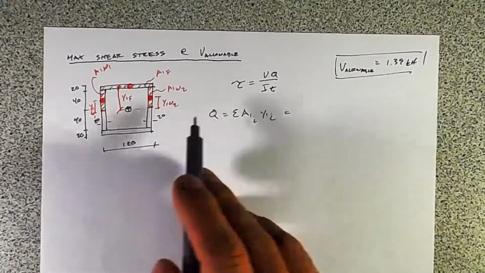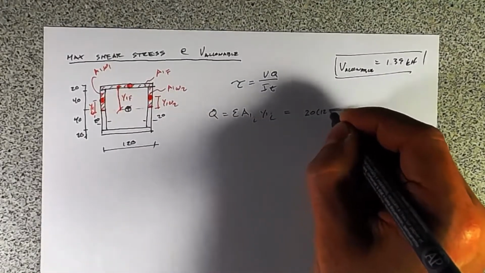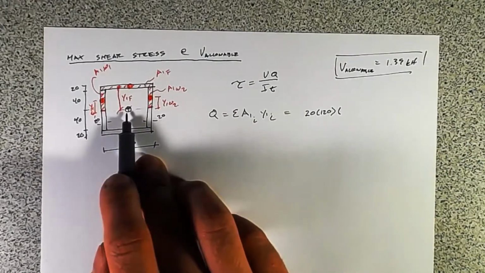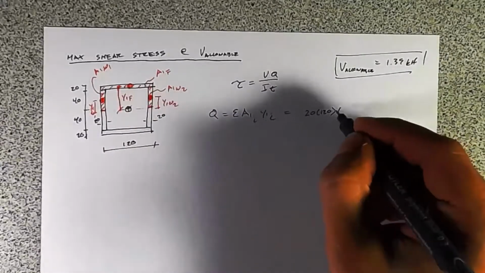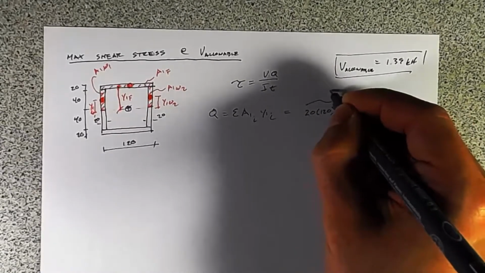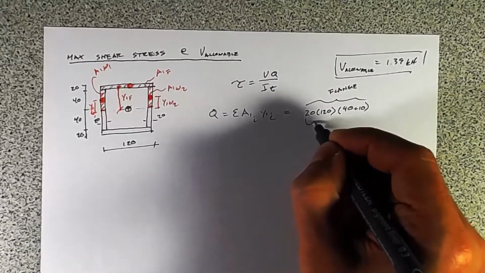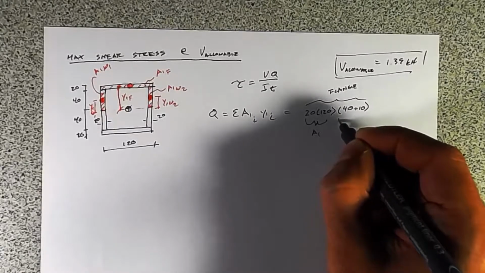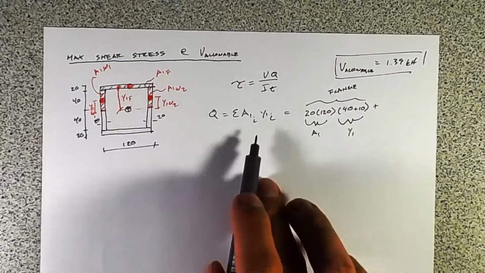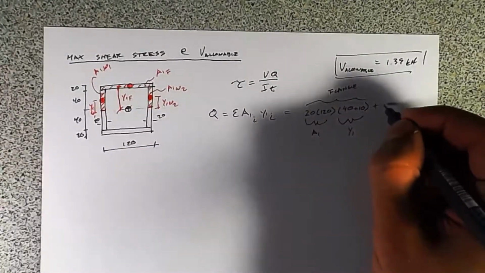work that out. So we know the flange is going to be 20 times 120 times, and then Y1 is 40 plus 10. So that's all the flange. That's A1, and that's Y1. And then we need to add in the components from the web. So because they're the same, we can just multiply by 2.